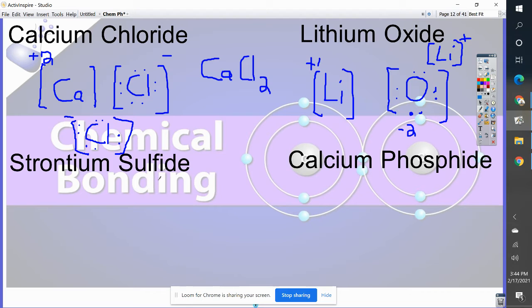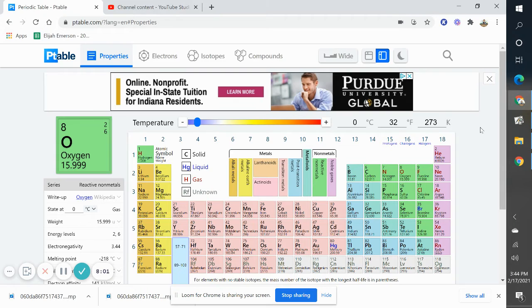Let's do strontium sulfide. So remember, strontium's the metal, sulfide is the nonmetal. So strontium, right here. Just a little recap. If you can't find it and you're on digital, hit Control F and then start typing it.